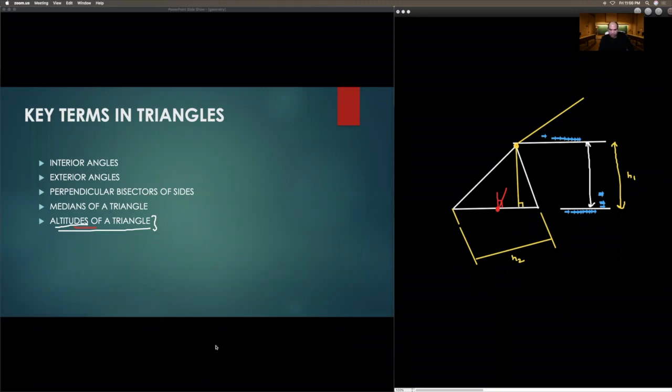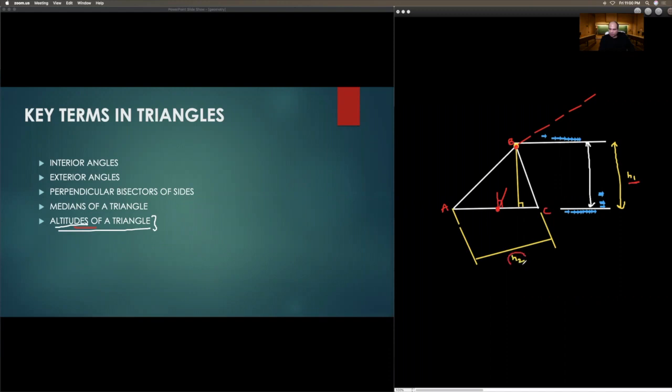Let's take a different color to show this. If I think of this line which is going parallel to this side, let's name the vertices A, B, C. So H1 is the height on the vertex B to the side AC.